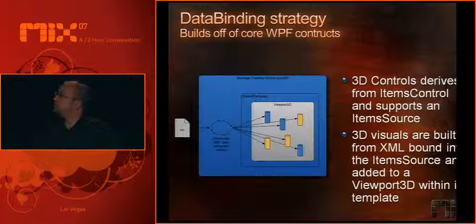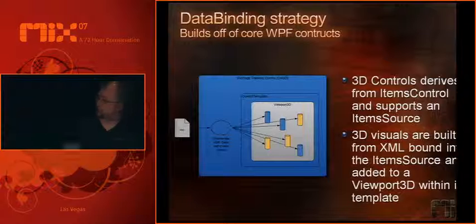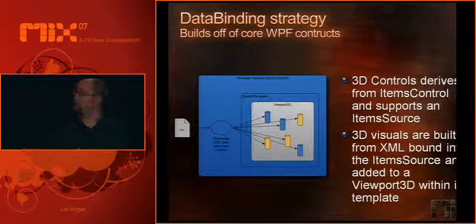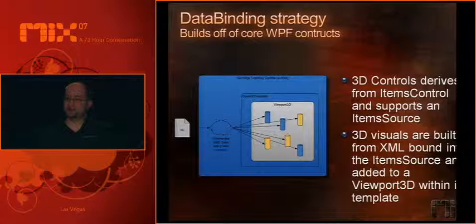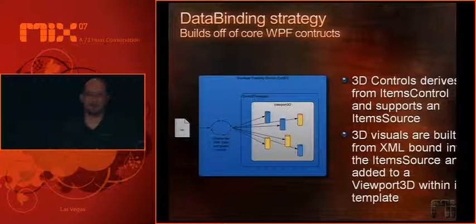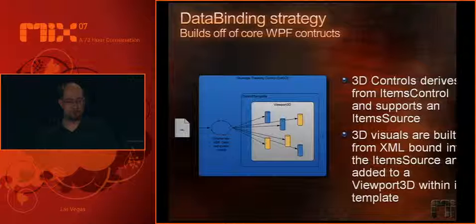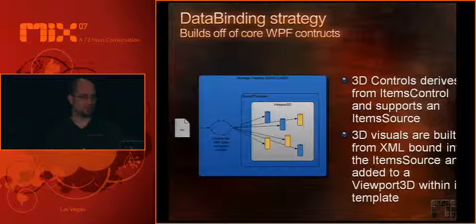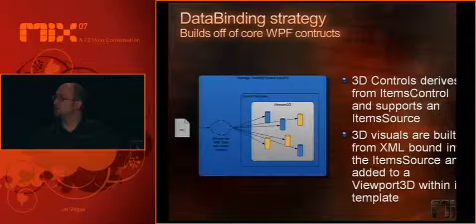And so what we did here is the actual entire control, and I'll show you a little bit of this in XAML, the 3D viewport that you see actually is part of a control template for an items control. So we derived from items control, which gave us the items source property. And for those who aren't super familiar with WPF, items control is the base class for things like list box and combo box controls that contain a set of data.